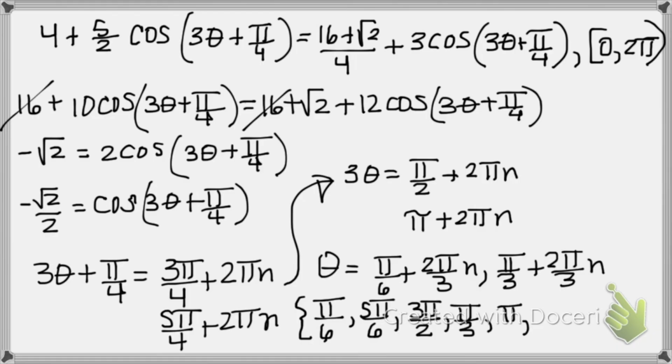Then add 2 pi over 3 again, and what am I going to have, 5 pi over 3? 3, 4, 5, yeah. If I add it again, I'd be more than 2 pi, so I'm going to stop there. All right, so there's my solutions.